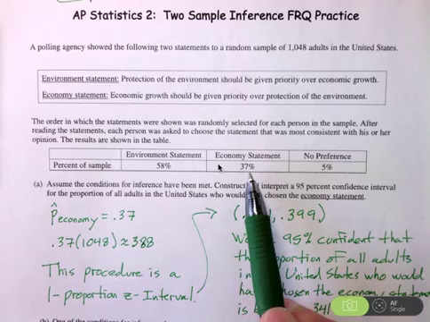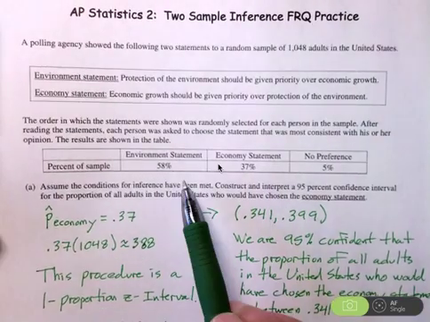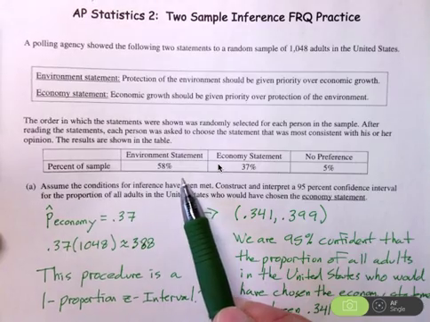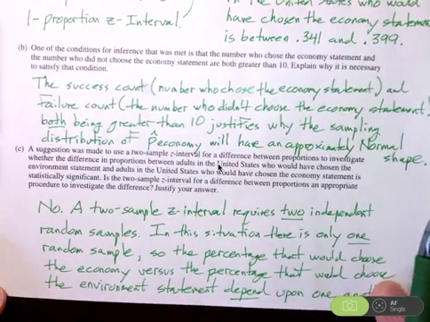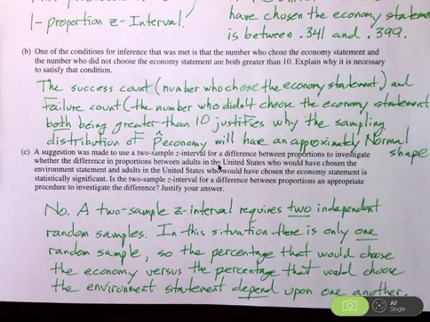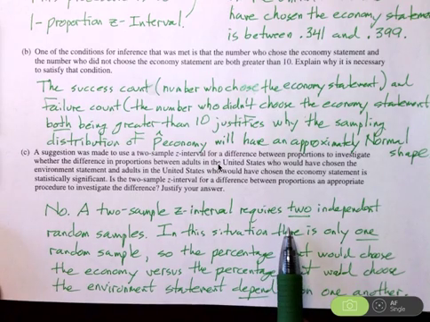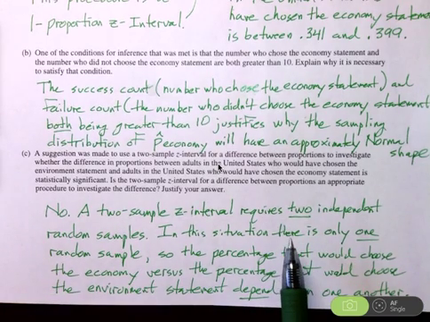If more people choose the economy statement, then you might potentially have fewer people choosing the environment statement, and so forth. So the bottom line here is, for a two-proportion procedure, you need two independent random samples, and you don't have that here because you only have one random sample.